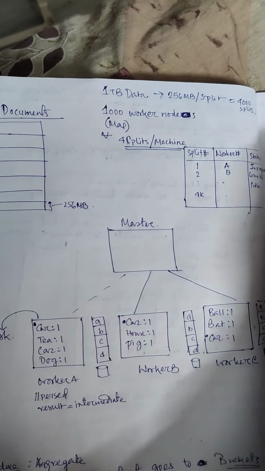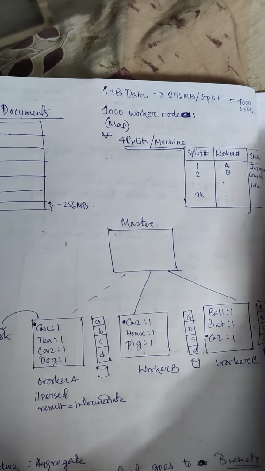So that we have seen and understood earlier. To keep track, the master creates one data set, or a table, in its memory to track things easily. There we have a split number or split ID, which runs from 1 to 4k because we have altogether 4000 splits.